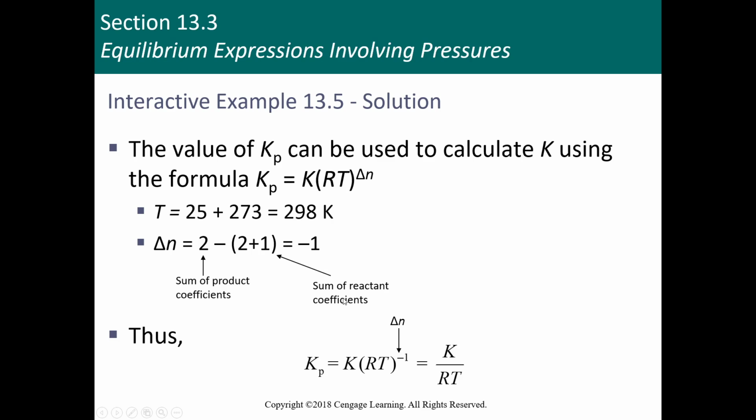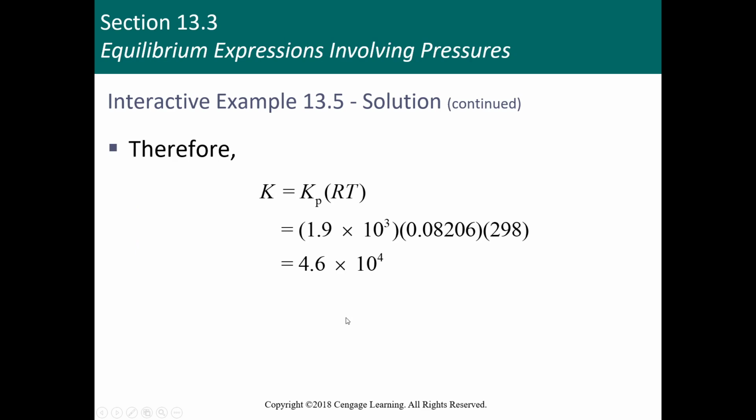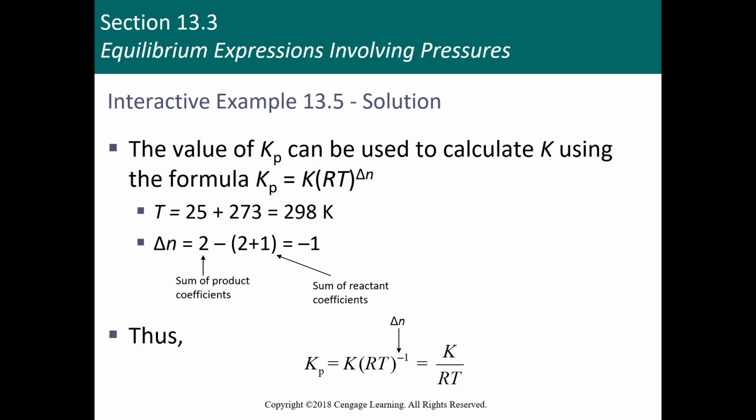So we plug all of these in, and that gives us this relationship right here. And we plug the numbers in there. So we have Kp from the previous problem. This right here is R, the gas law constant. That's the temperature. It was a negative 1 right here.